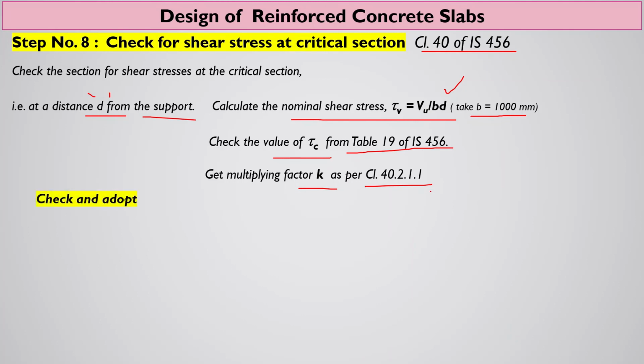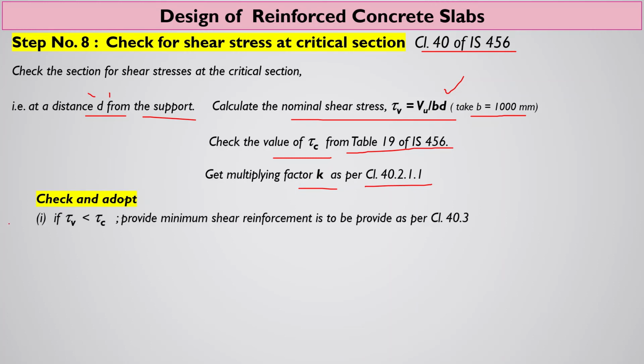And what are the checks which we have to apply and how to adopt the information. First of all we have to check whether tau v is less than tau c. If this case is true, then we have to provide minimum shear reinforcement, as per clause 40.3.